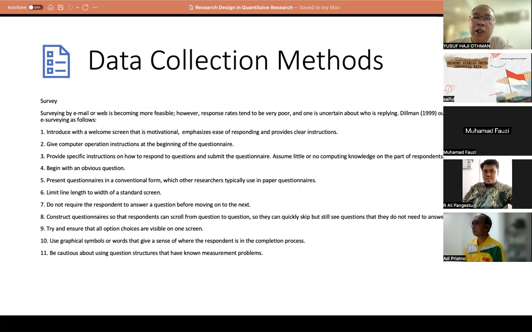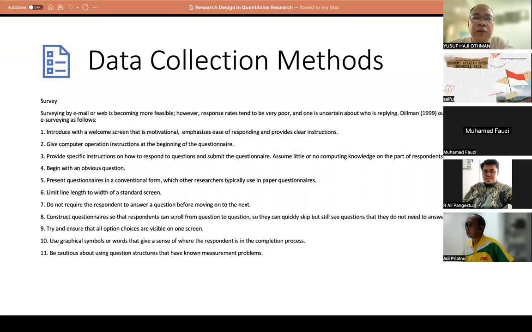The questionnaire items are usually in the appendix. You can look at the questionnaire items, adapt and adopt them, and then test for validity and reliability. And for a PhD, you should also do a pilot test to check whether the questions are reliable or not.